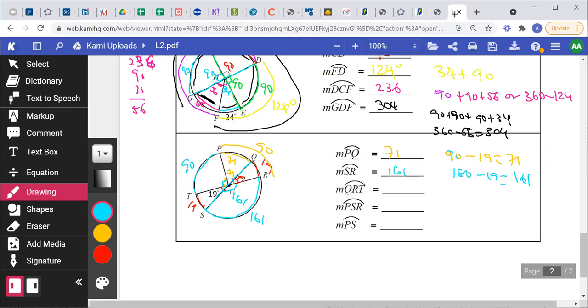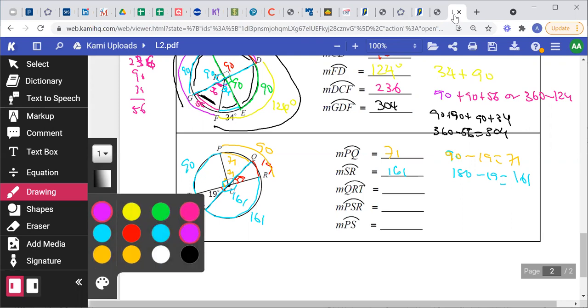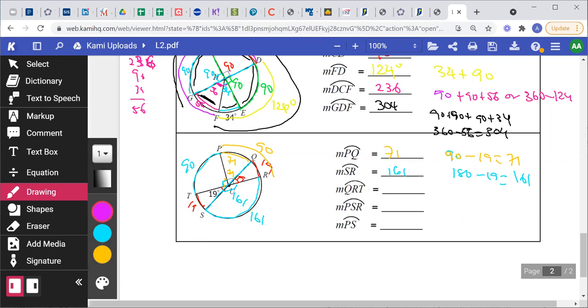And QRT, I want to move from Q to R, then to T. That will be 19 plus 161 plus 19. And that gives me 199.